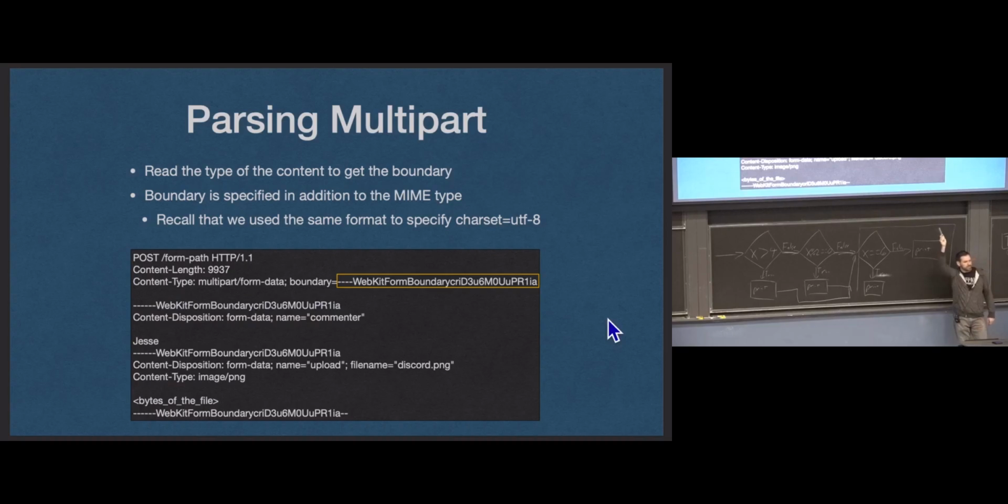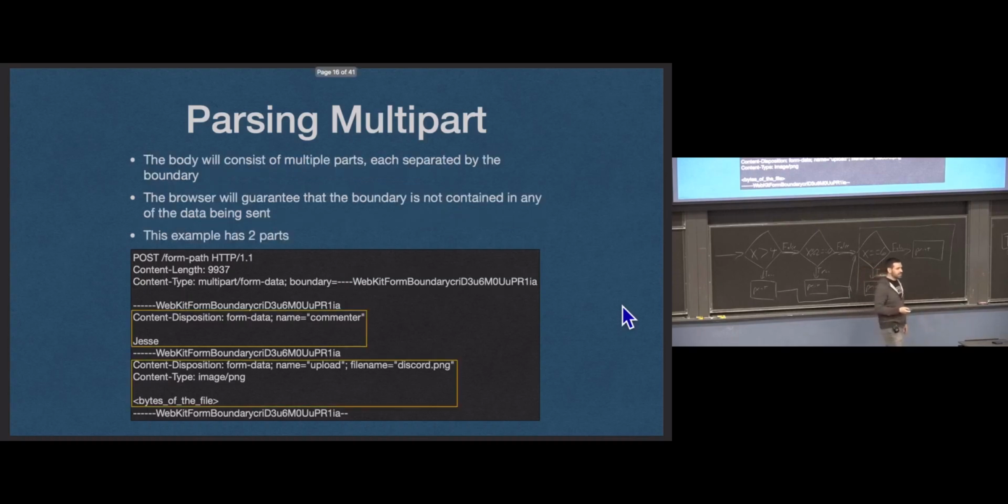But notice, for starters, this is going to be in the content type header, and this uses the same format we used to specify UTF-8 when we said charset equals UTF-8. It's the MIME type, semicolon, and then boundary equals, and then the actual value for the boundary after that. So this is going to be where your boundary is going to be specified, and then you use that boundary to separate the parts of the request.